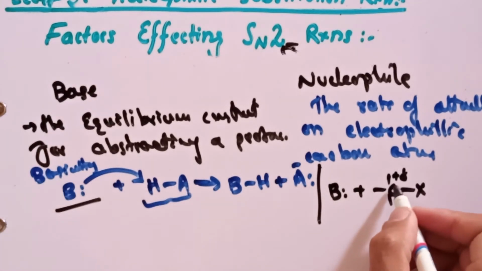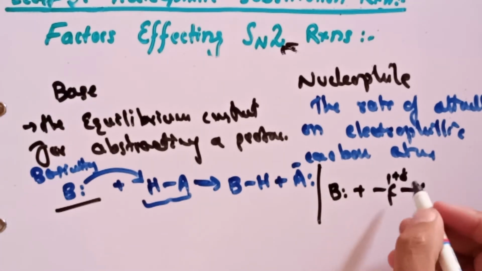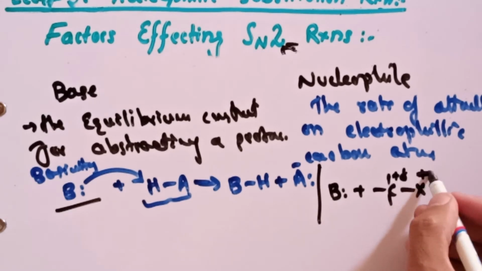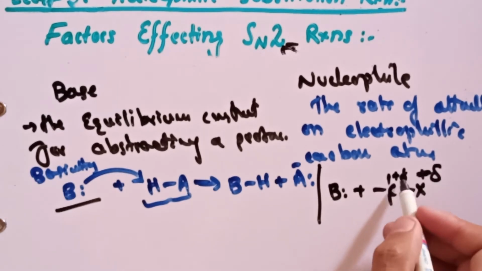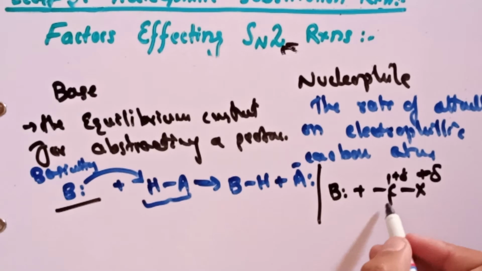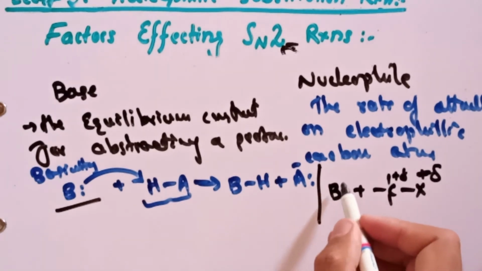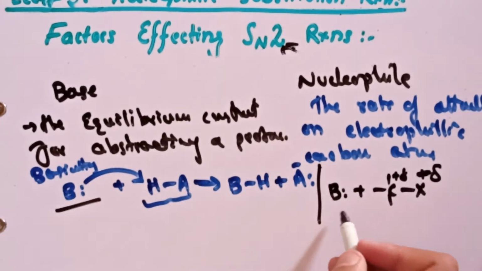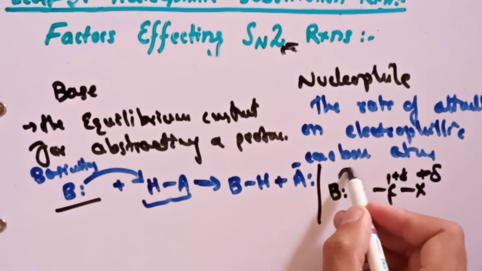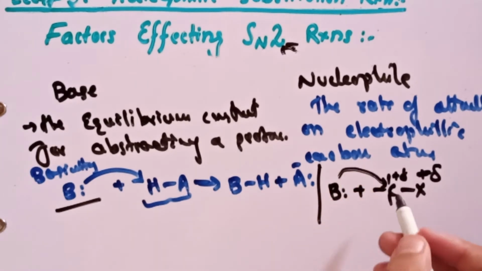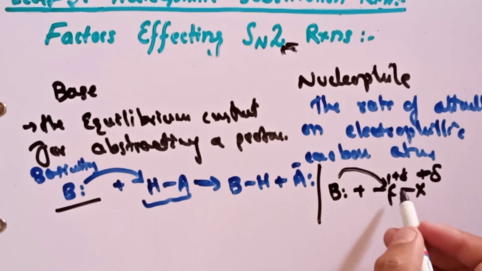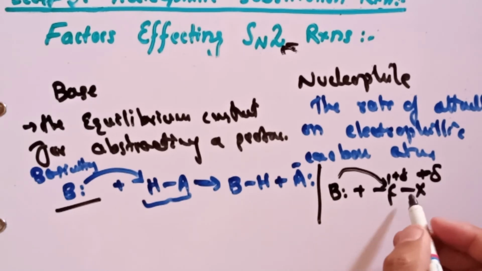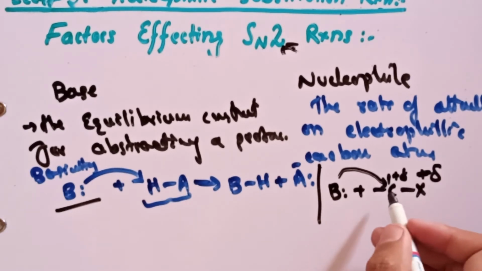So the atom gets a partial positive charge, and the electronegative element gets a partial negative charge. This partial positive charge acts as the electrophile, and the species that donate electrons will attack this carbon, which is deficient in electrons.